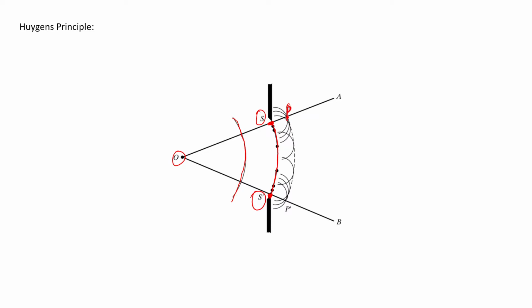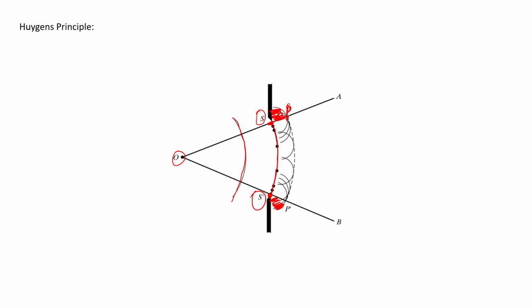This is point P. So you see that there are wavelets beyond point P. Similarly, you see wavelets that are beyond point P prime. So light encroaches into the geometrical shadow of the slit SS prime, right?